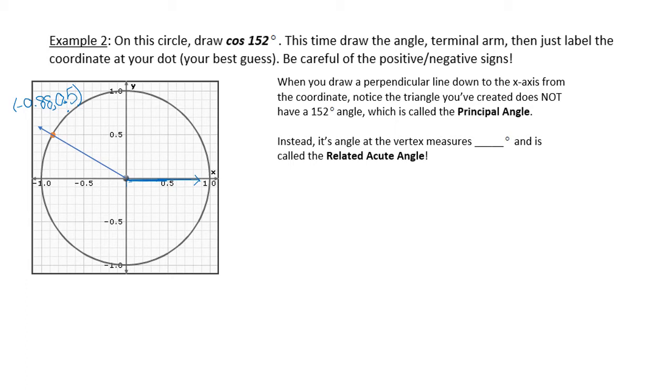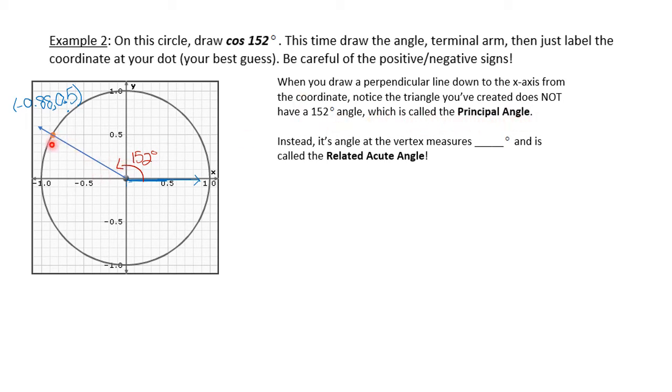And remember, this is your angle here. This is theta, which we measured to be 152 degrees. So this is the principal angle. 152 is the principal angle. If you look over in the instructions here, 152 is the principal angle.